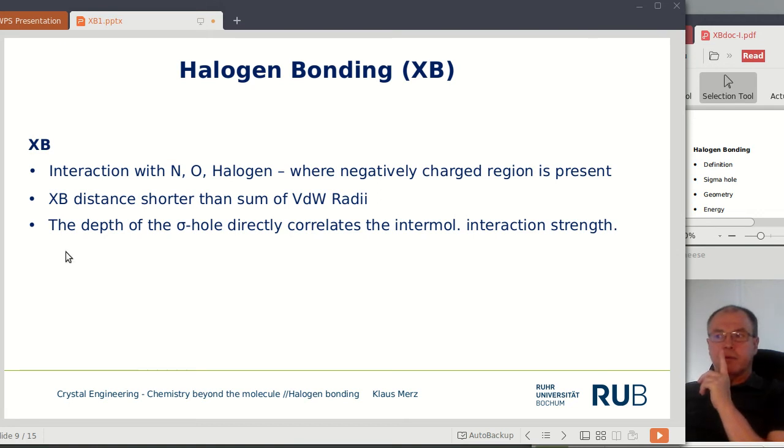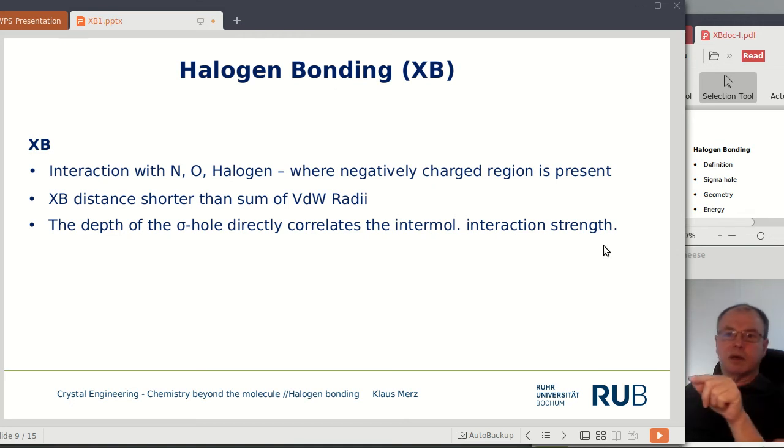The depth of the sigma hole directly correlates with the intermolecular interaction strength. And this is not comparable with hydrogen bonds. In the case of hydrogen bonds, the strength is not really tunable.